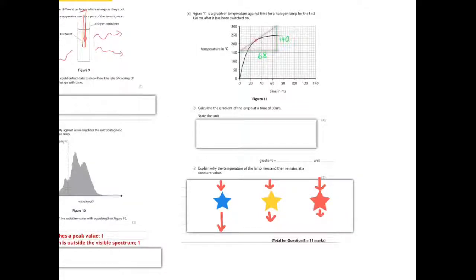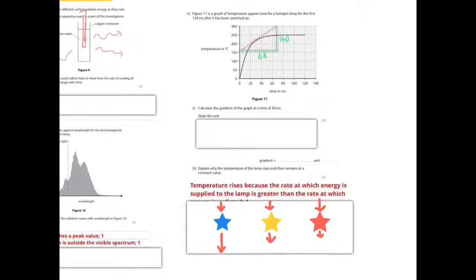So because it's absorbing more heat than it's emitting per second, it's heating up. A cool object will emit more heat per second than it will absorb. So the rate at which it emits heat is greater than the rate at which it absorbs heat. And an object which is at a constant temperature will basically emit and absorb heat at the same rate. So it stays at the same temperature. So that's how we basically say it.